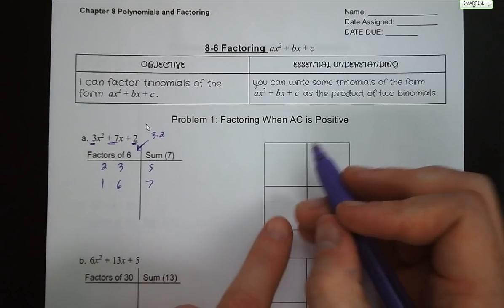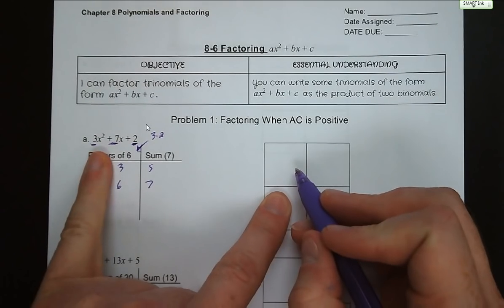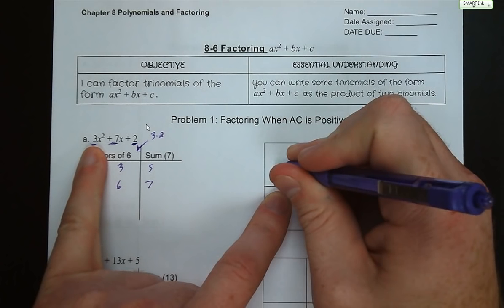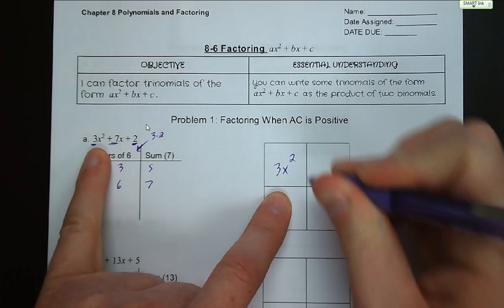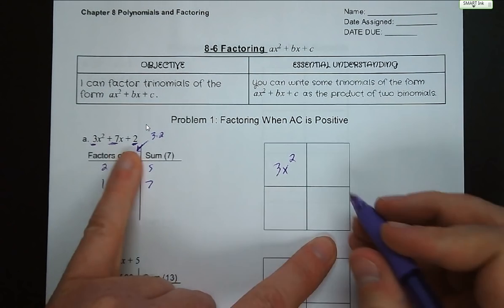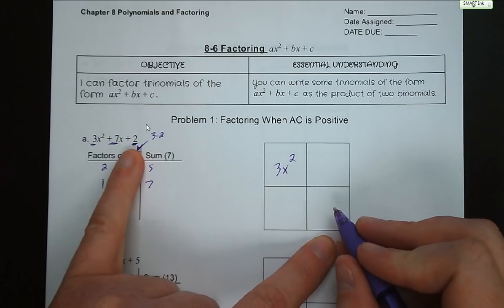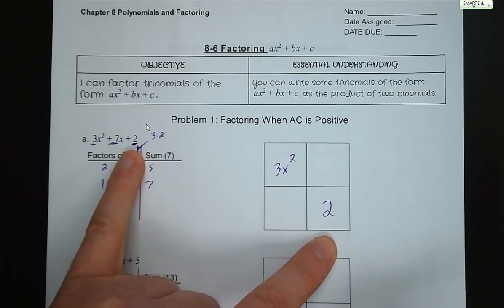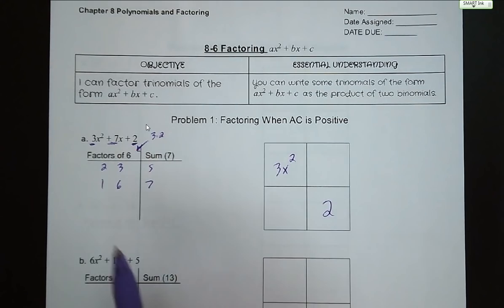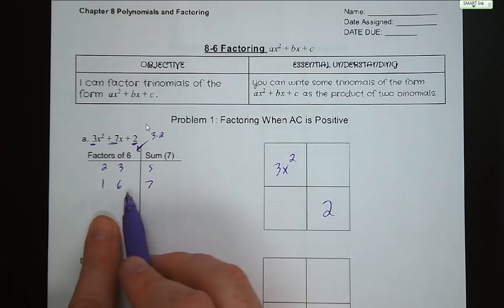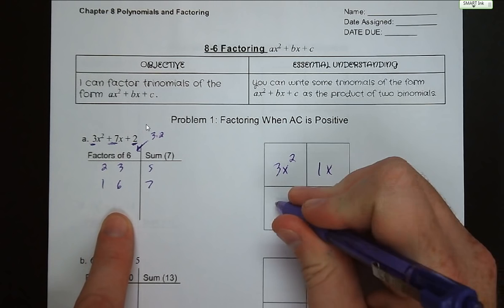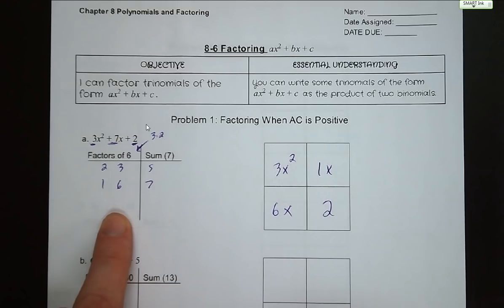The top left box is always your a term, so it's going to be 3x squared in this case. Your bottom right box is always your c term, so for this one it is 2. Now you take the two factors that you found and put them in the other two boxes. It does not matter which one you put where.